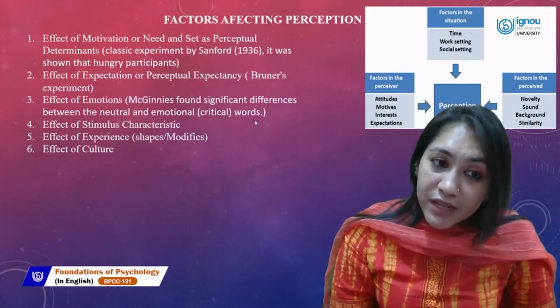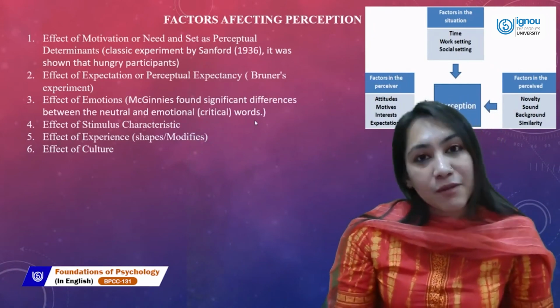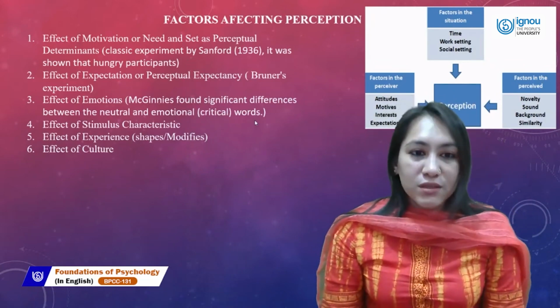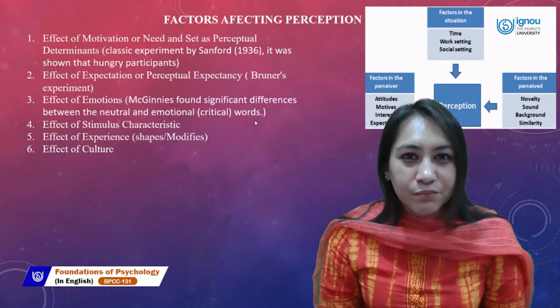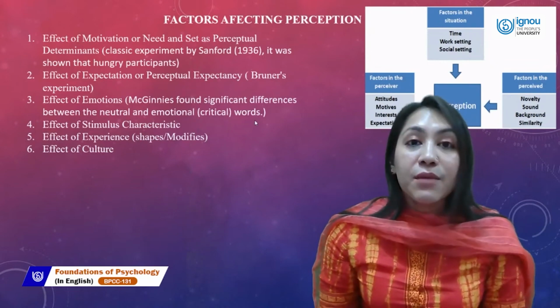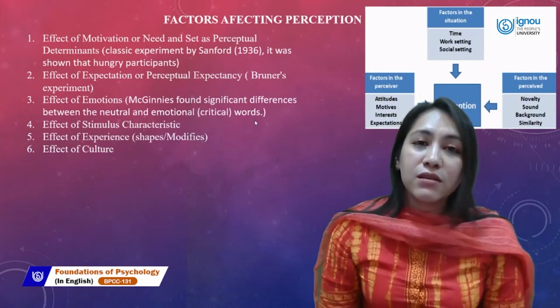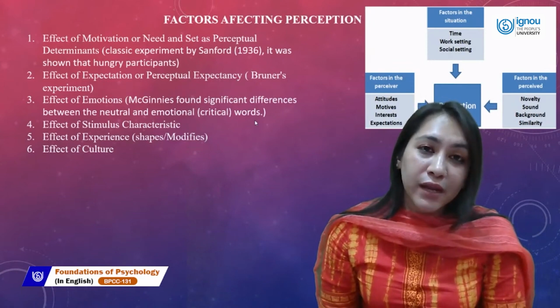The effect of emotions is very high. McGuinness found that using different words can impact your perception. Imagine critical words, and I'll give you an example. If someone says, I had a bad day, this is a neutral sentence. Imagine someone said, it has been a day filled with atrocities and horrific tragedies in my life.